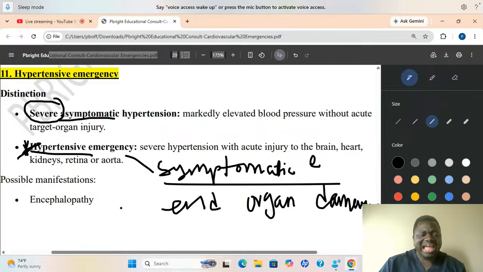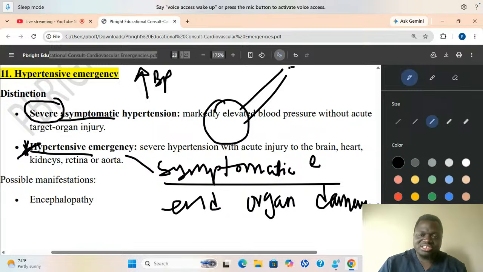Somebody has come with high blood pressure. This is the heart. This is the blood vessel. The blood vessel is connecting to the eye. But the pressure here is superly high that it is destroying the functions of this organ.